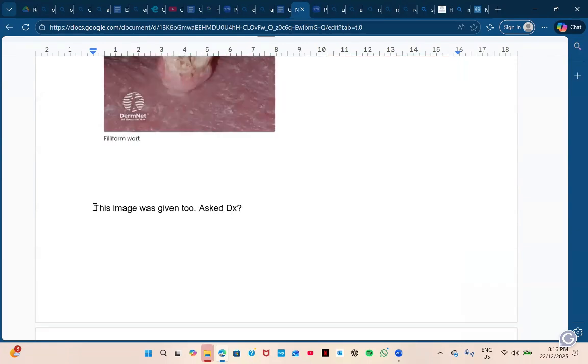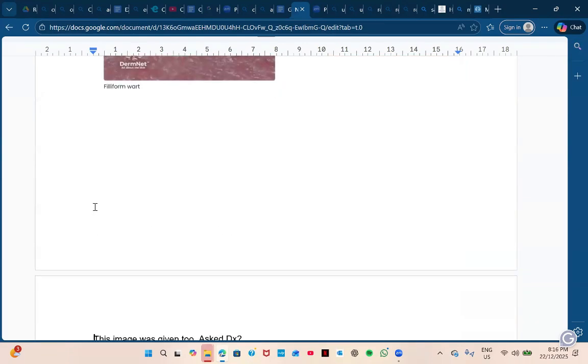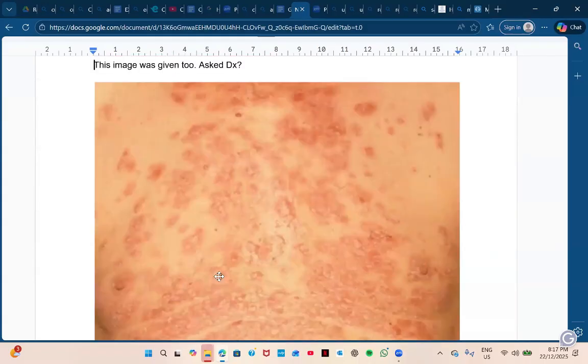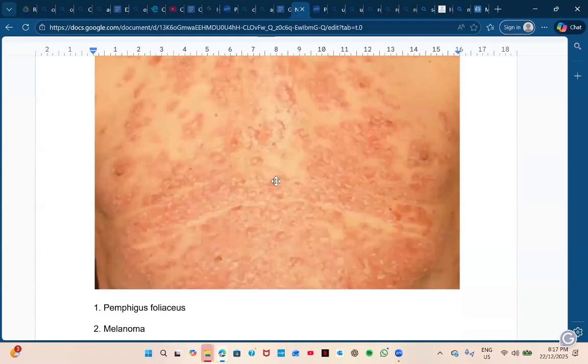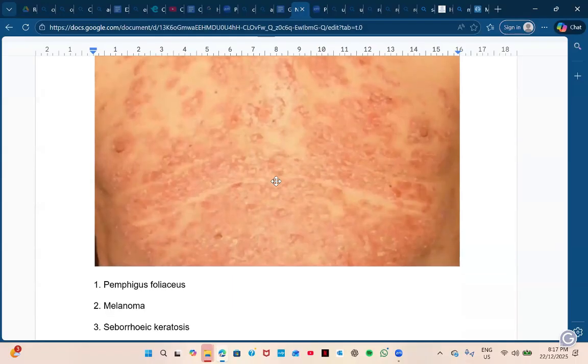So the next question is, on day 3 we got so many derma questions. This image was given to us for the diagnosis. So here, what do you think? Pemphigus foliaceus, melanoma, seborrheic keratosis. What do you think?